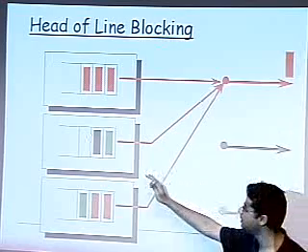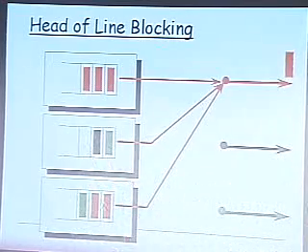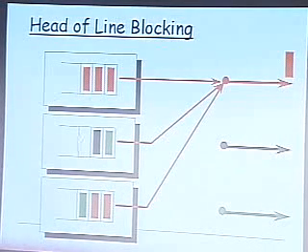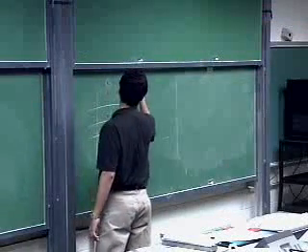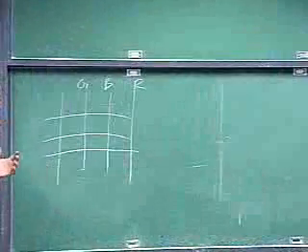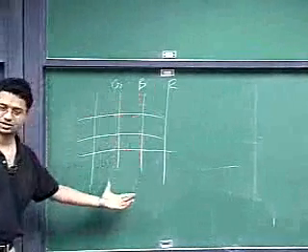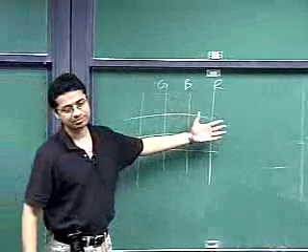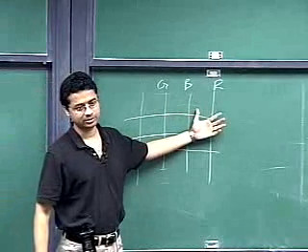If you look at the network, there are both green packets and black packets which are sitting there idle, which could have used the black and the green crossbars, while the red one is being fought over by the three different input ports.